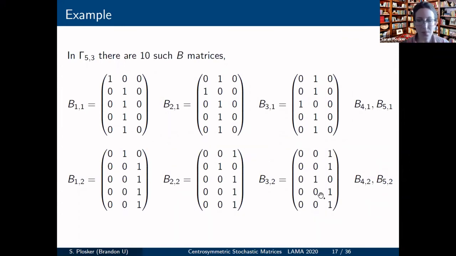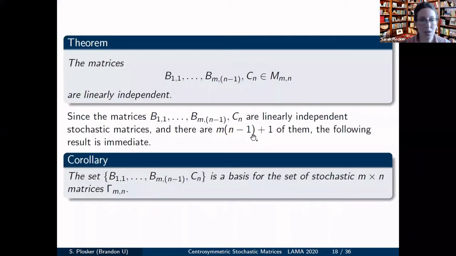So Ci has all 1s in the ith column, 0s everywhere else. Bij has this form where there is a 1 in the ijth entry, and the next column over has all 1s except that corresponding spot, which has a 0. These matrices, B11, B12, et cetera, B21, et cetera, up to B m, n minus 1, and Cn, so 1s in the nth column, are linearly independent.